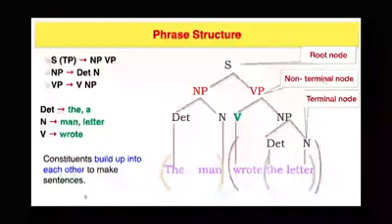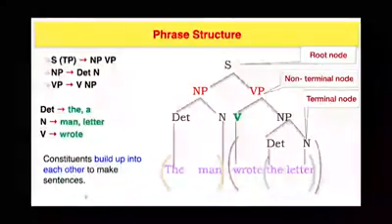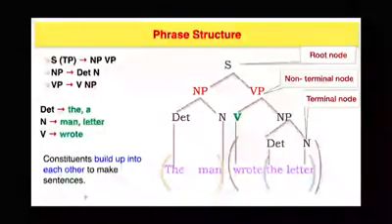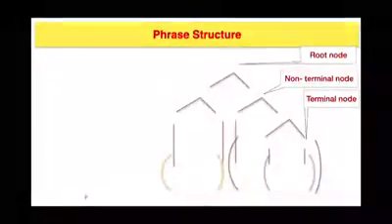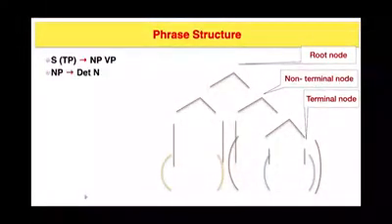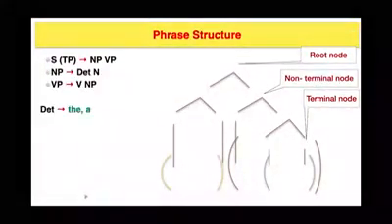This is what we call the root node. It's the mother node. And this mother node is broken and branched into two things, the NP and also the VP.